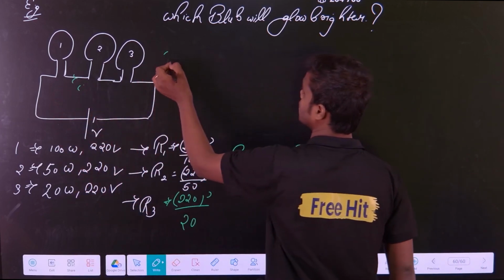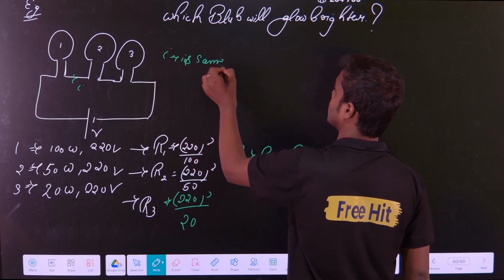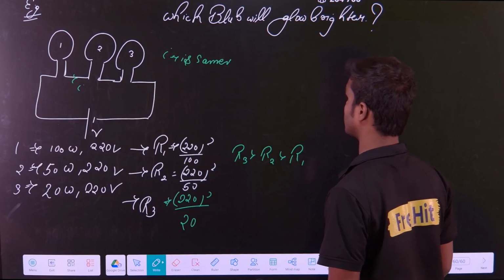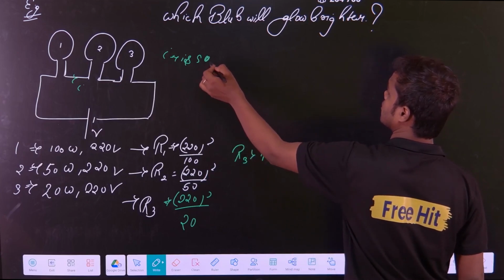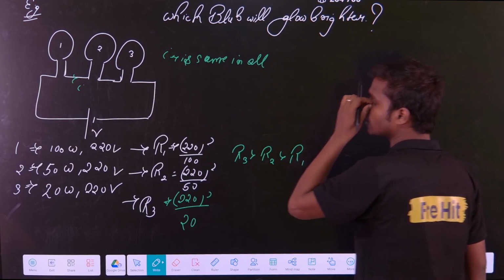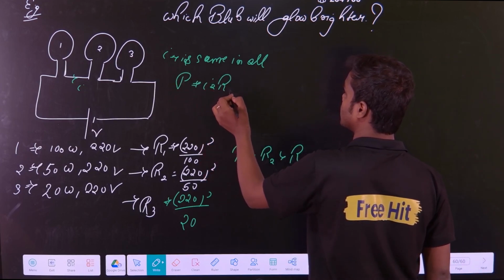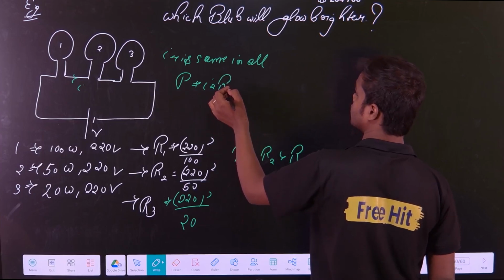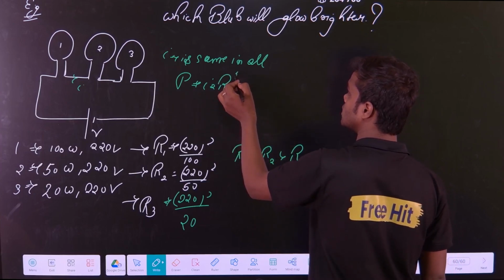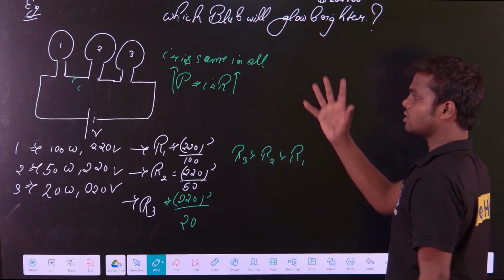Current is the same, I is the same in all, correct? If I is the same in all, we know the power can be written as I square into R. So if we have more resistance, we have more power.